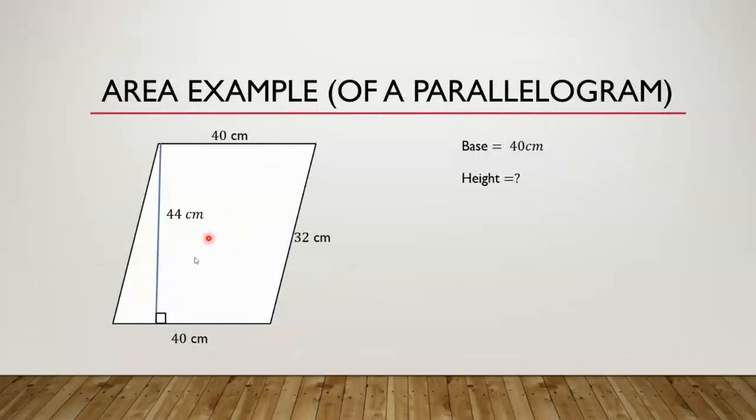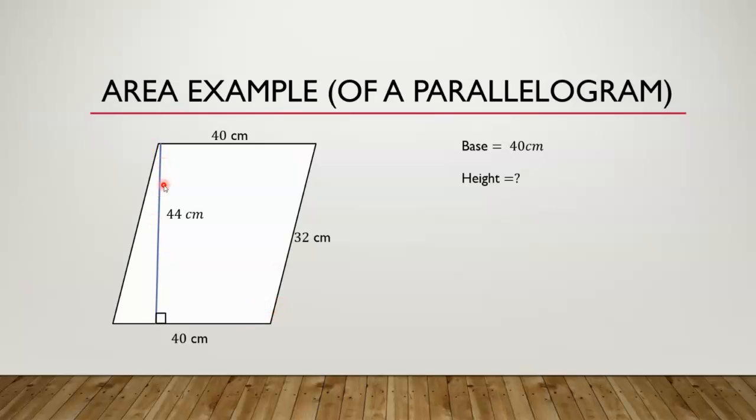For instance, here, notice the base is 40 centimeters. That's the length down here. But now the question is, what is the height? Well, it's tempting to say the height is 32 centimeters, but that's not true. This is not necessarily a 90-degree angle. It's actually a little more than that.